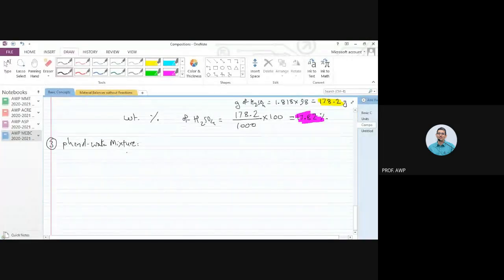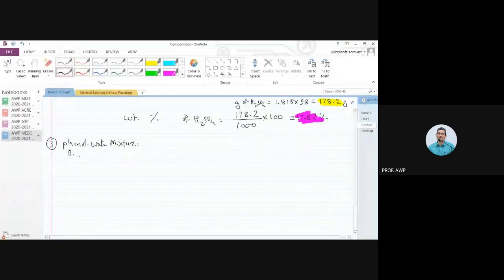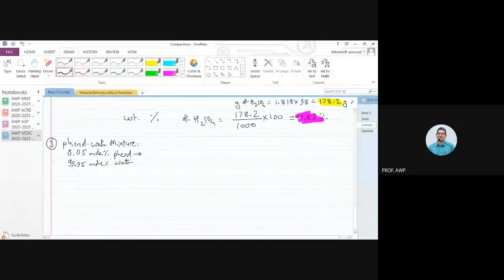In the phenol water mixture, let's take 0.05 mole percent phenol, and therefore 99.95 mole percent water. Can you convert this into weight percent?